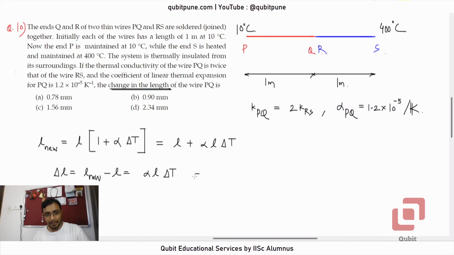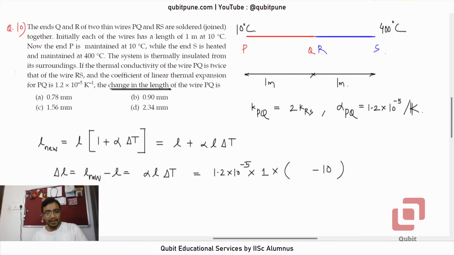Now see, do we know alpha? Yes. Do we know the original length? Yes, we do. But what we don't know is delta T, and even in delta T, we actually know this 10.